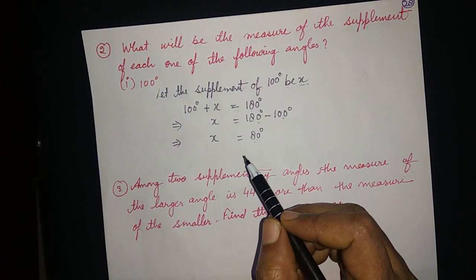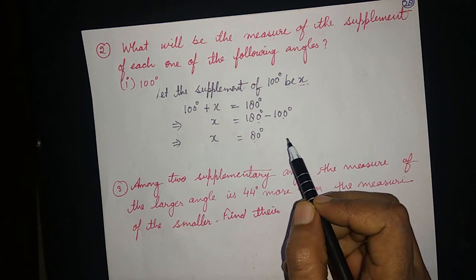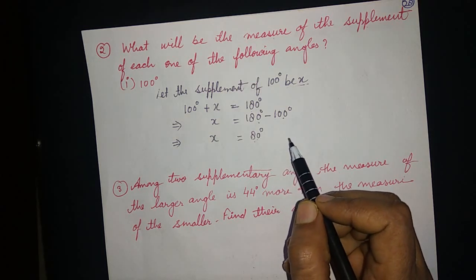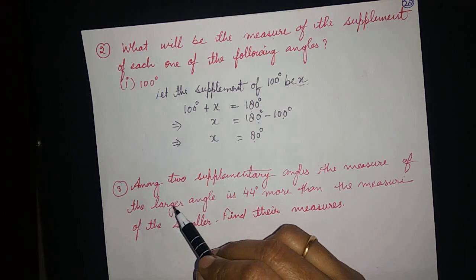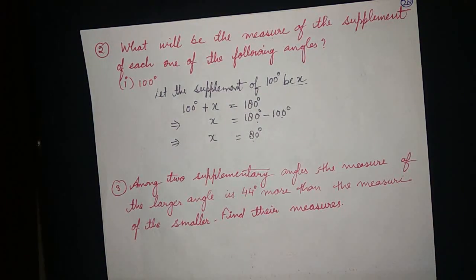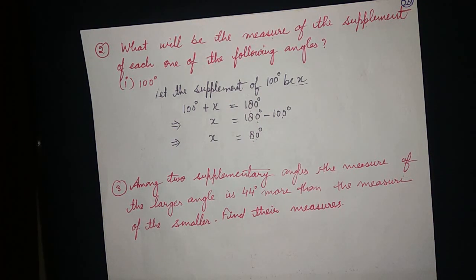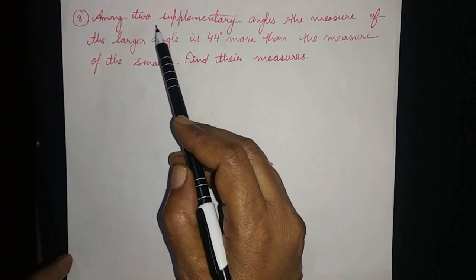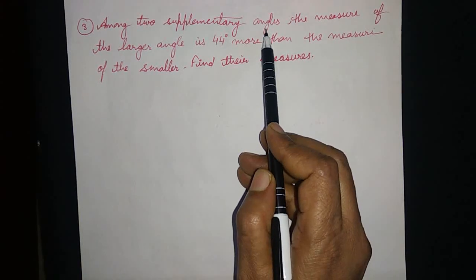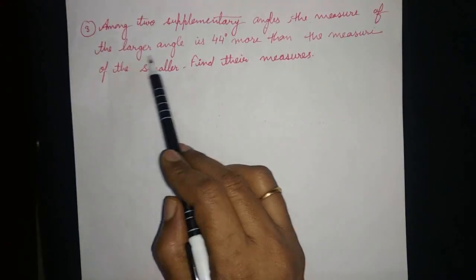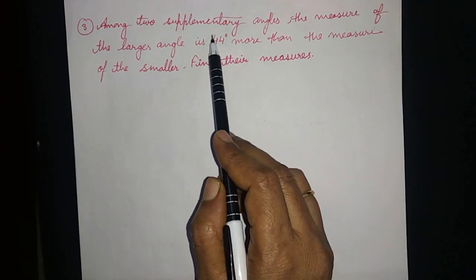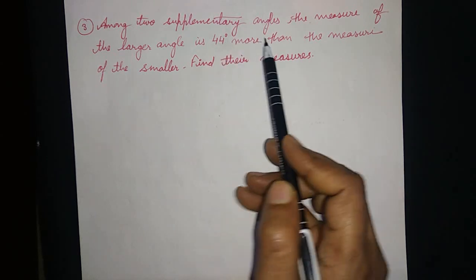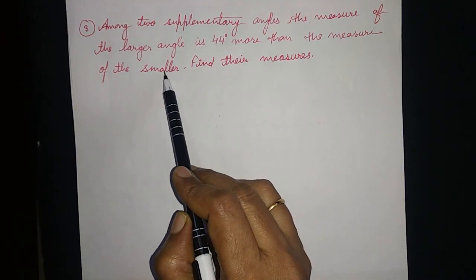Here second, third and fourth part you will do yourself, and now see the third question of this Try This. The third question is, among two supplementary angles, the measure of the larger angle is 44 degree more than the measure of the smaller.